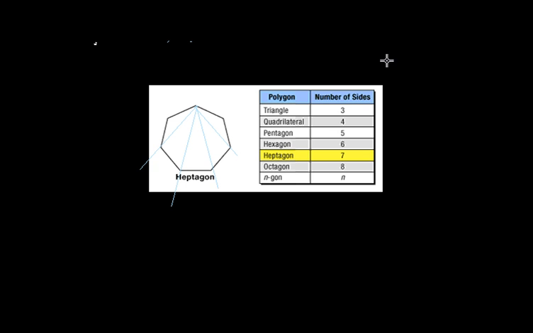And as said before, each triangle has 180 degrees plus 180 degrees plus 180 degrees. So 180 degrees times 5 for the heptagon here. All that I actually have to do here is say 5 times 180 for the 5 triangles. Well, that's simple.